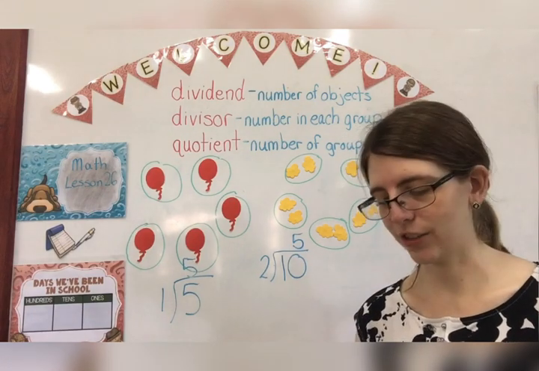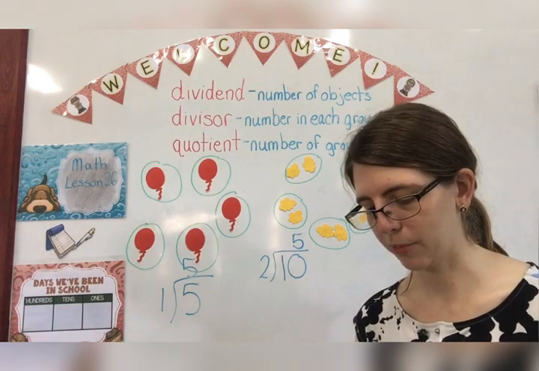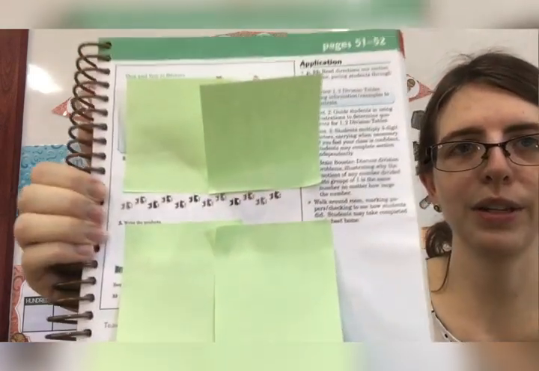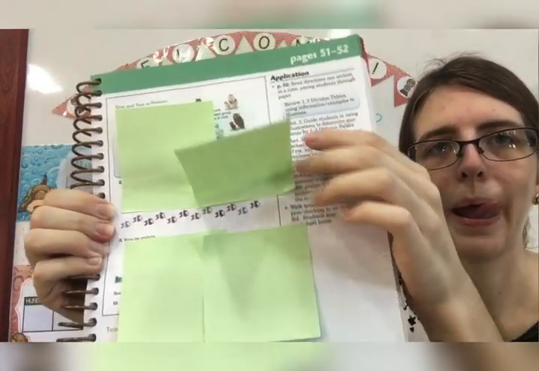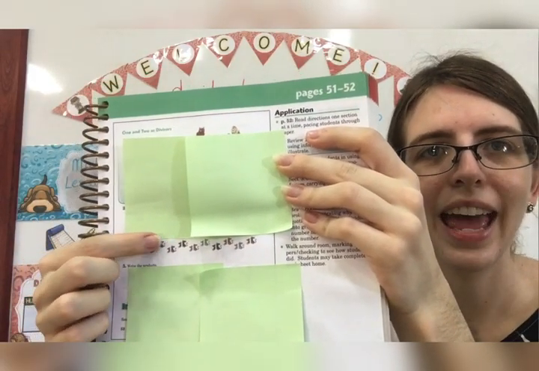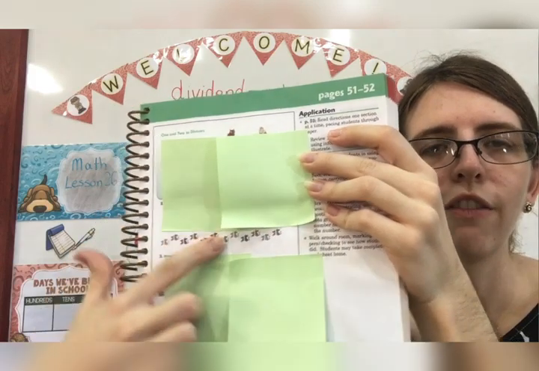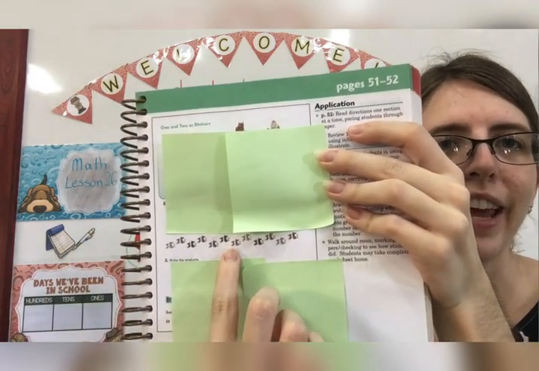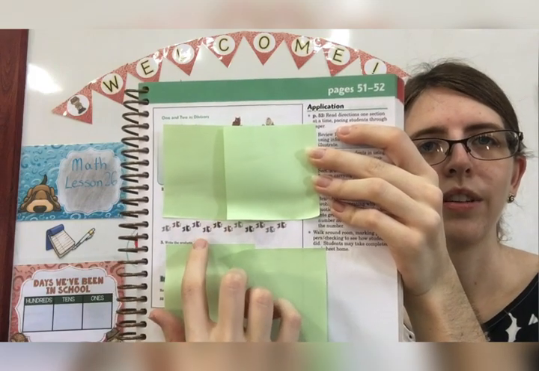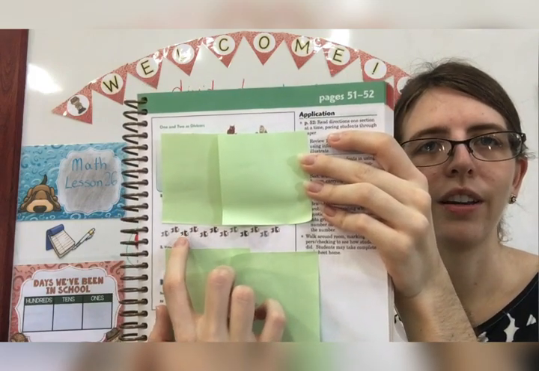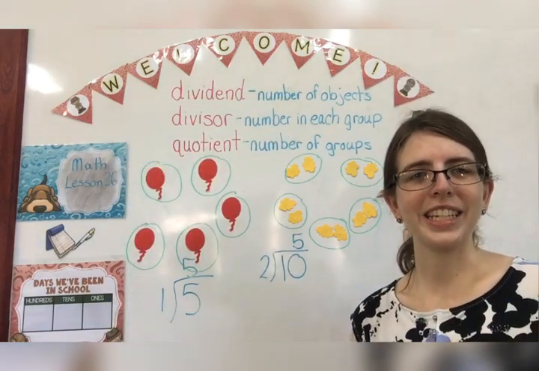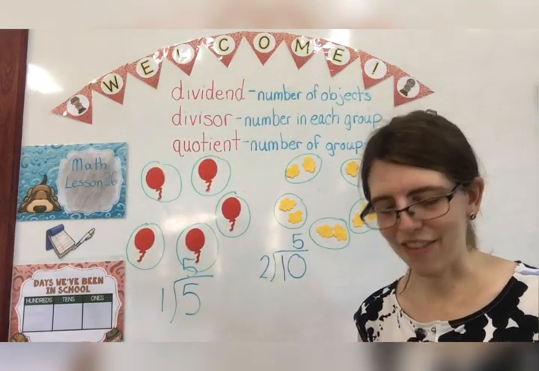I'm trying to cover the answers on my book right now so I can show you a little bit better. Okay, here we go. So count 14 mice. 2, 4, 6, 8, 10, 12, 14. Okay, so we stop right there. So how many groups is that? 1, 2, 3, 4, 5, 6, 7. So 14 divided by 2 is 7.